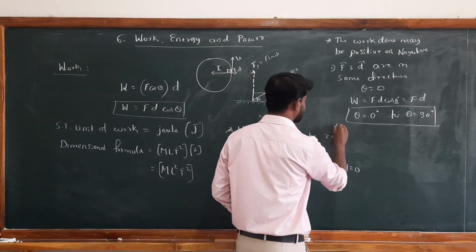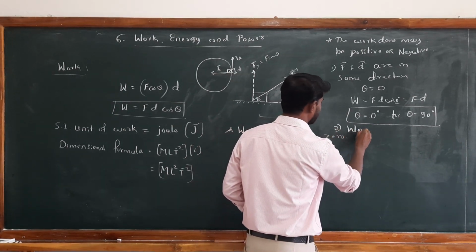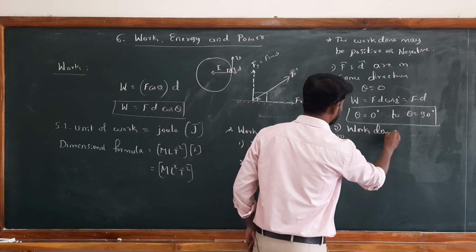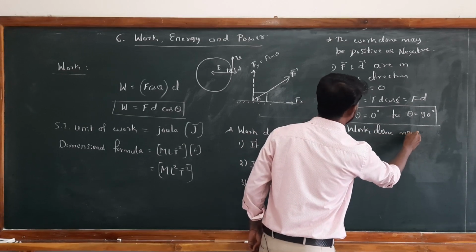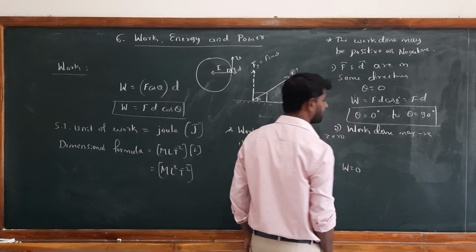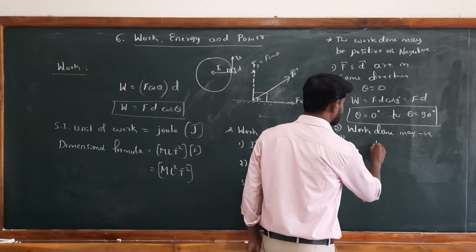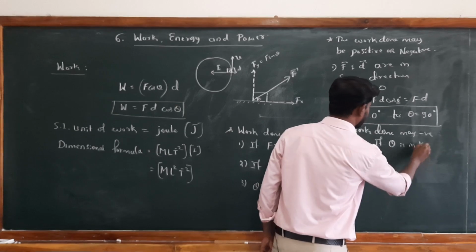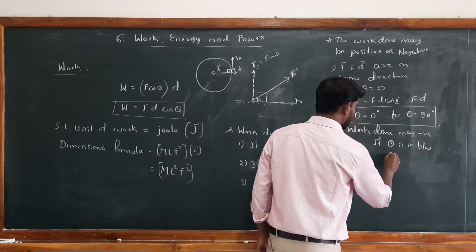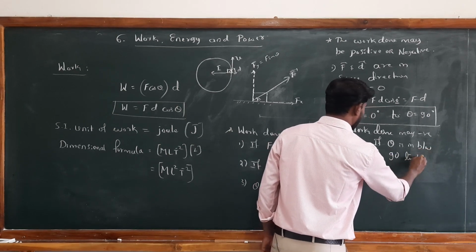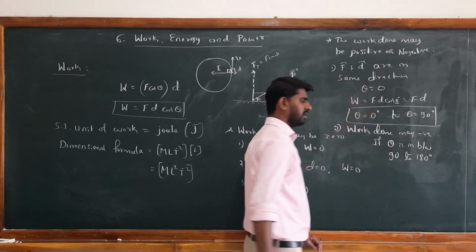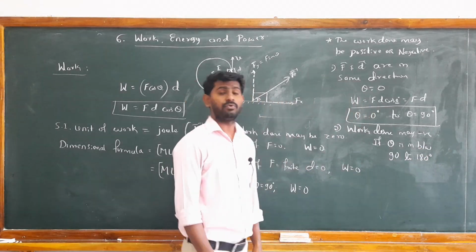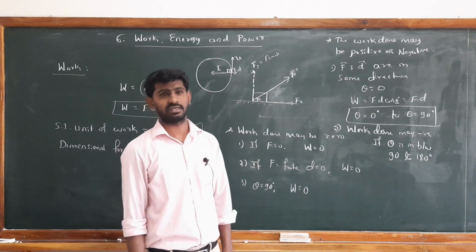The second case: work done may be negative, when theta is between 90 degree and 180 degree. Suppose the angle between the force and displacement is 180 degree.